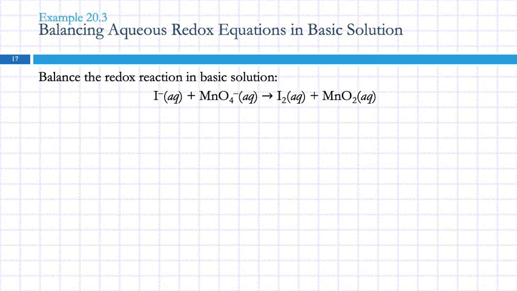Yeah, well, take some time and do it yourself. Okay, I'm going to go through this one. We're going to skip the first step of identifying oxidation states. We're just going to write 2 half reactions.